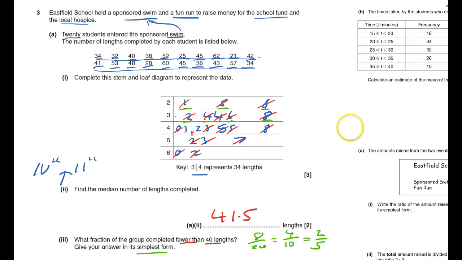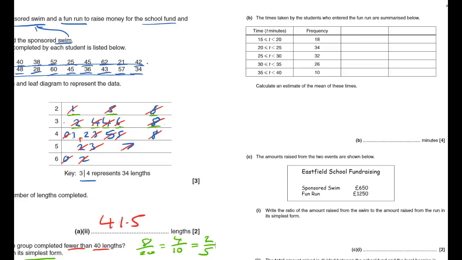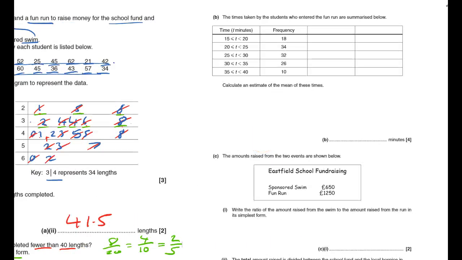And now I can move on to part B and start looking at the fun run. Go back to blue. Fun run, I've got an estimate for the mean. Well, the reason it's an estimate is because I'm saying 18 of them got between 15 and 20, but I can't add up all those numbers and divide by how many there are.